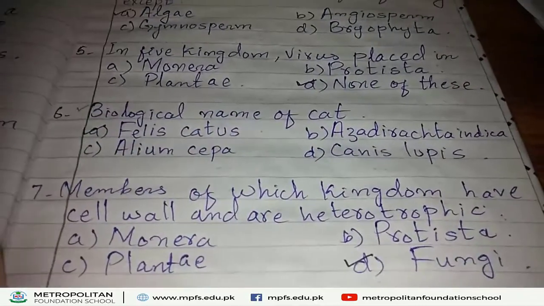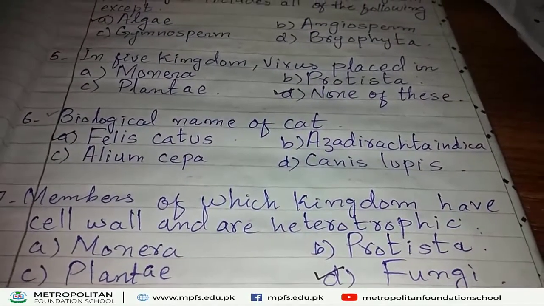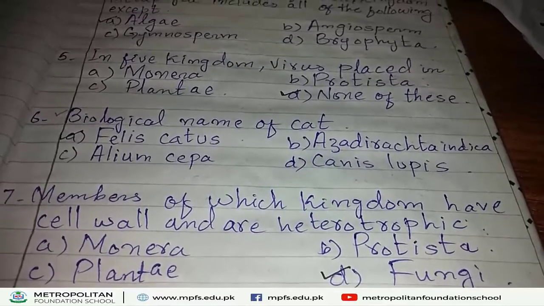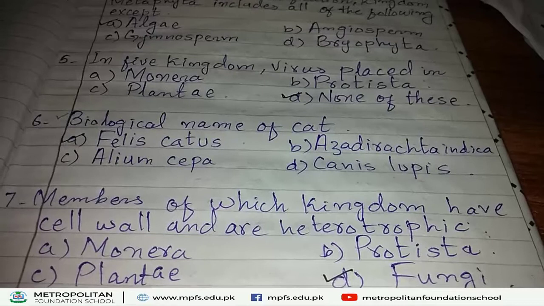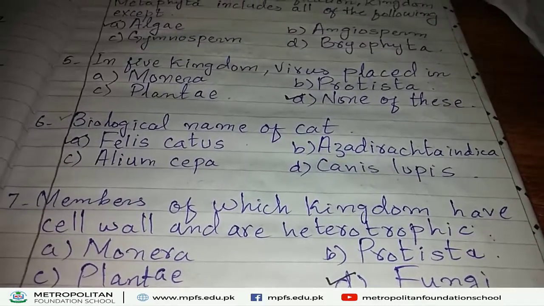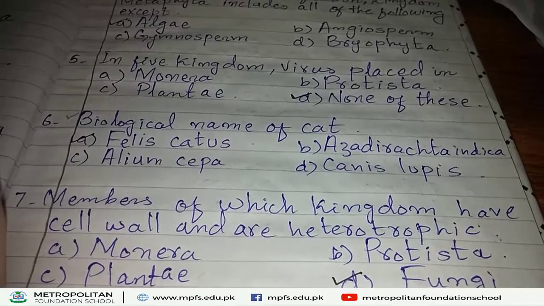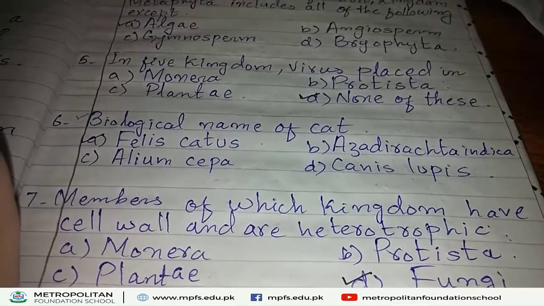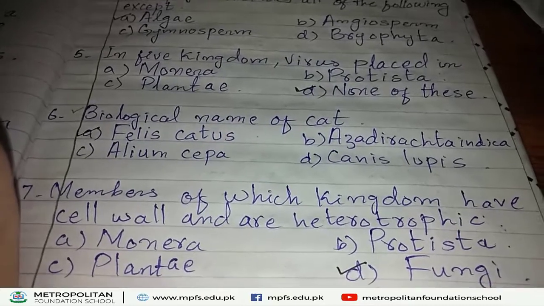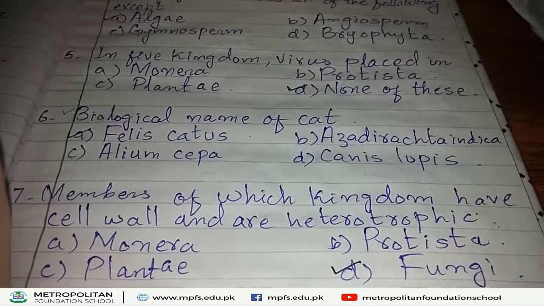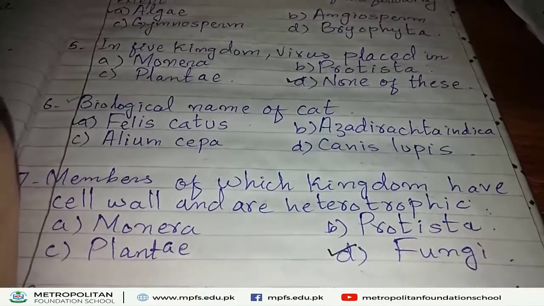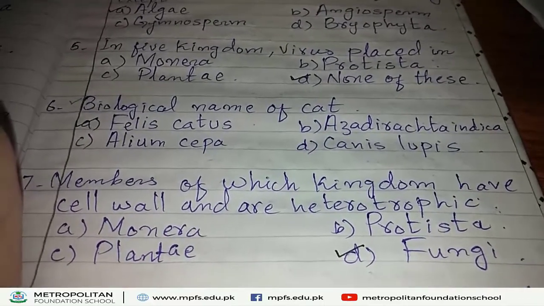Now move next. Members of which kingdom have cell wall and are heterotrophs? Option A, Monera. Option B, Protista. Option C, Plantae.